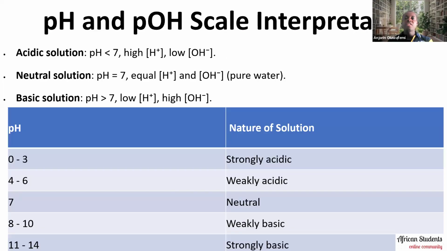Okay, so pH and pOH scale interpretation now. Acidic solutions have a pH that is less than 7: high hydrogen ion and low hydroxide ion concentration. Neutral solutions have a pH equal to 7, where the hydrogen ion concentration and the hydroxide ion concentration are equal.